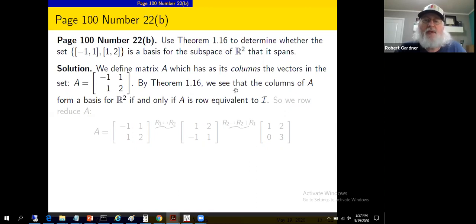Theorem 16 says the columns of A form a basis for their span, a basis for R2, if and only if A is row equivalent to the identity. That was part 2. So we've got a basis if that matrix A is row equivalent to the identity. Now this is the same kind of manipulations we did previously.